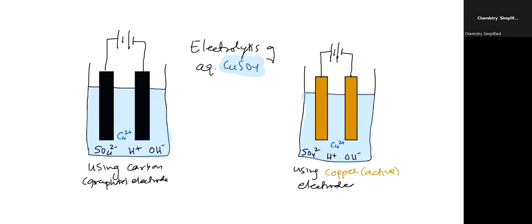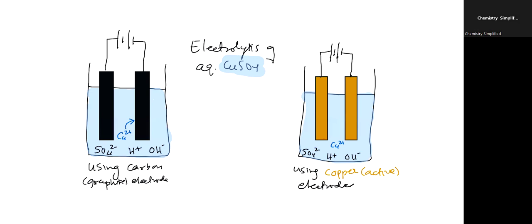First, we'll talk about the inert electrode, what happens in the inert electrode. So we have two cations here. We choose one of them to react at the cathode and we choose copper because that's less reactive. So copper ions will go here and react there.